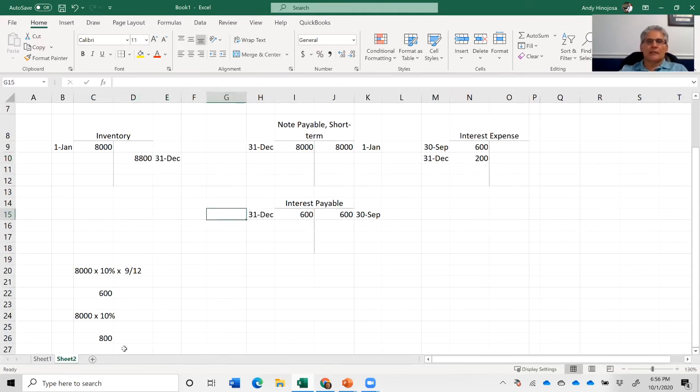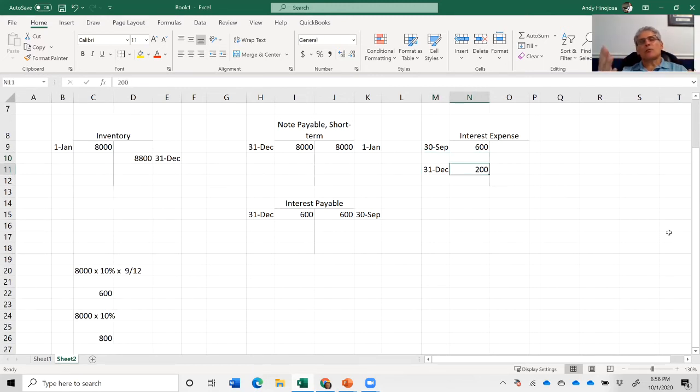Now note, this $600 that was recognized as interest expense as of September 30th went into last fiscal year's financial statements. So when the fiscal year ended, that got closed and we were done with that fiscal year. We're now in the next fiscal year that started October 1st, and we're recognizing another $200 of interest.